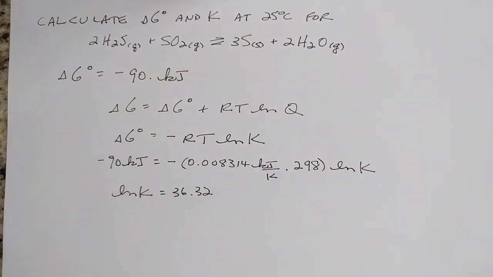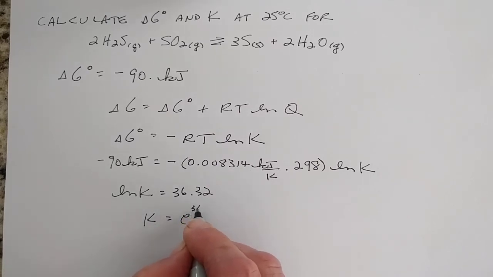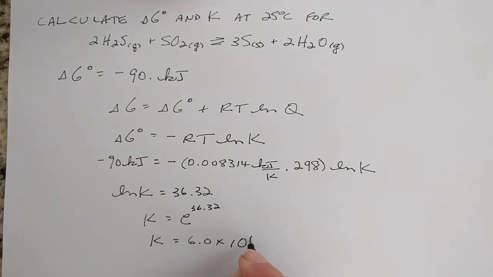Yeah, it's extra sig figs, but that's all right. So now to solve for K, we take E to both sides. So K equals E to the 36.32. So our equilibrium constant equals 6.0 times 10 to the 15th.